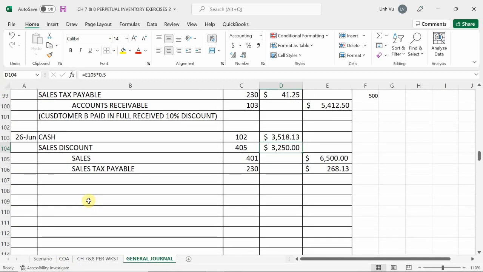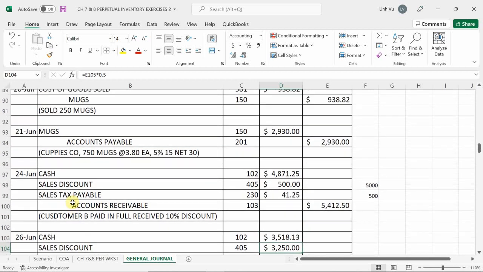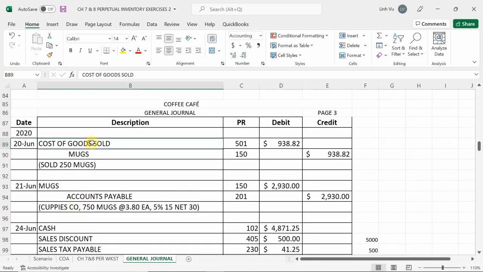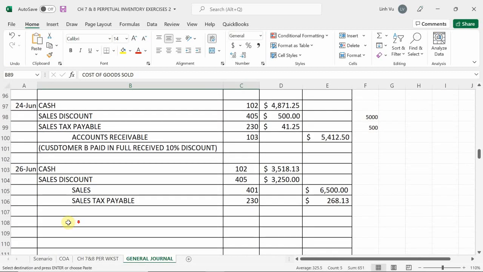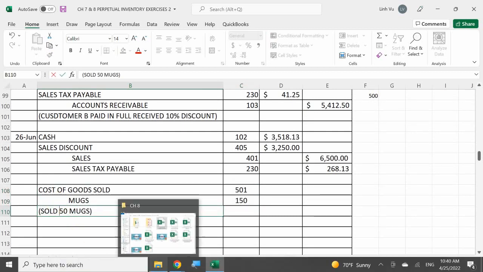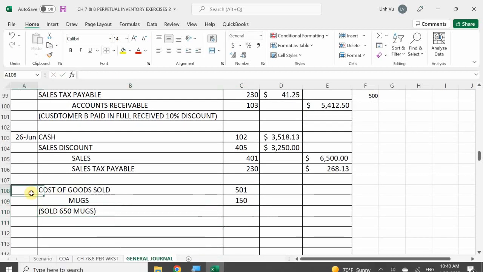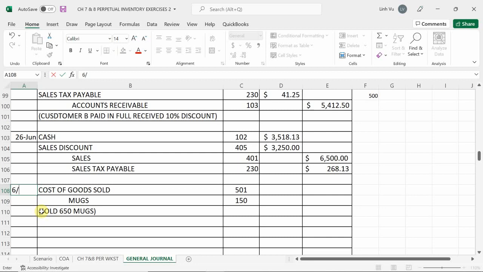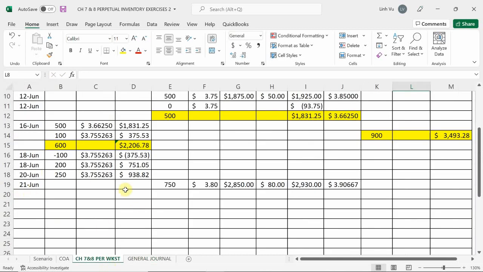So if I sold that for cash, that means I also need to calculate my cost of goods sold. And I sold 650 units. Okay, so let's go into my inventory worksheet. It is 6/26.